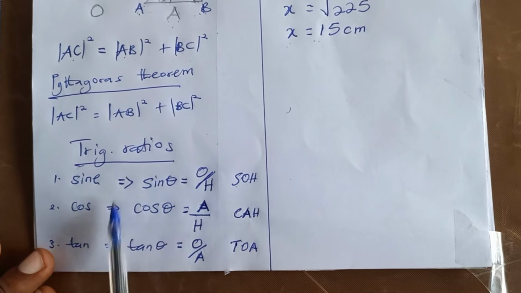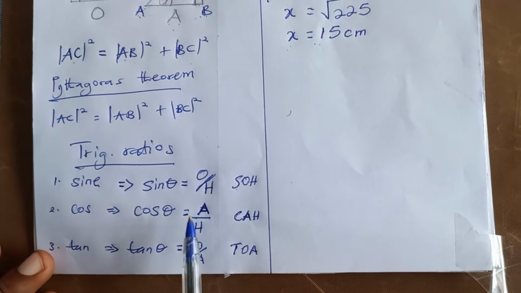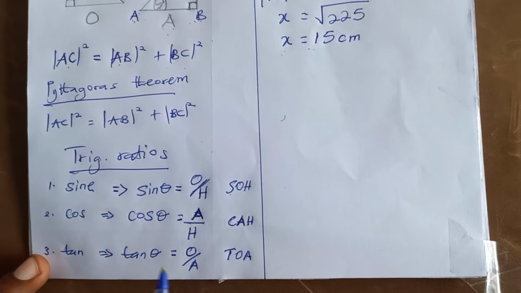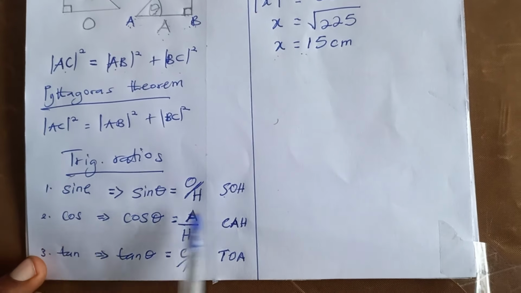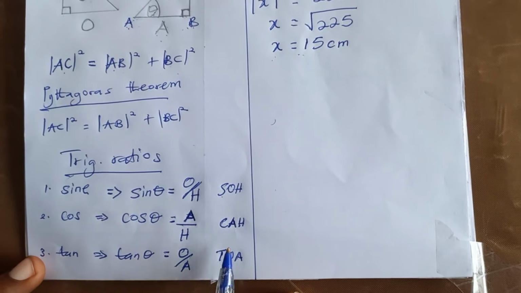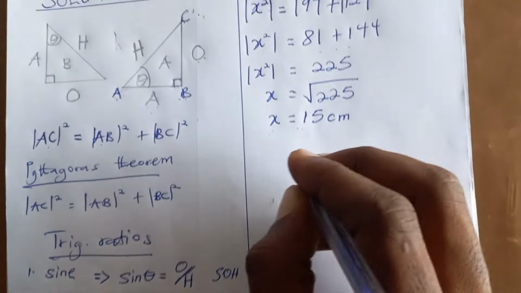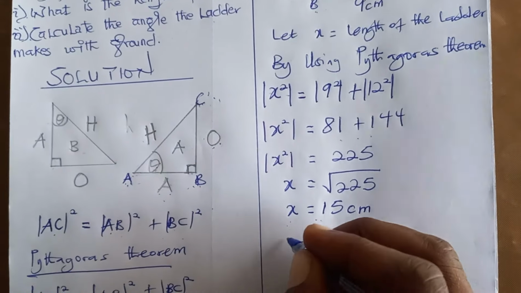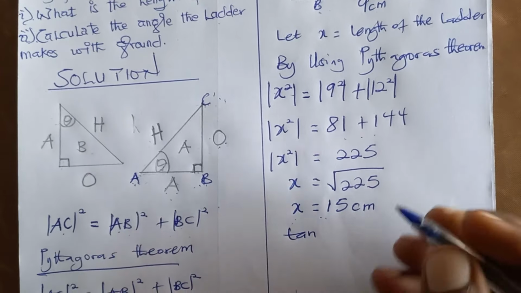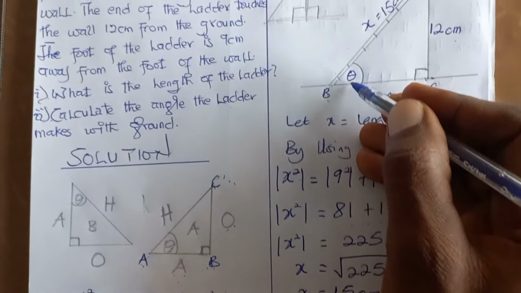So we can use any of the trig ratios, but we need to use one. In this case, we can use sine, we can use cos, but I would prefer using tan. Good. So the angle given was theta.